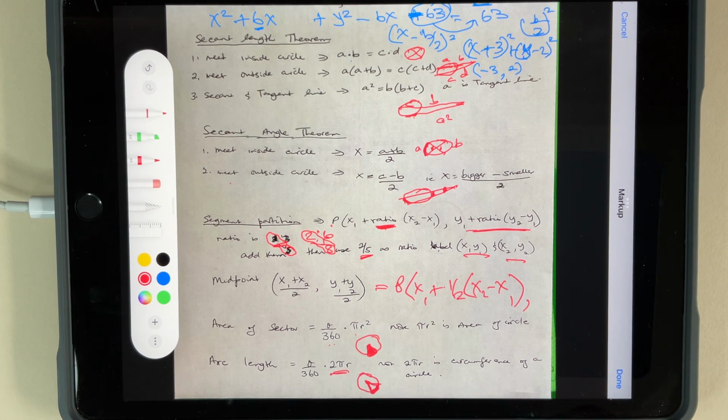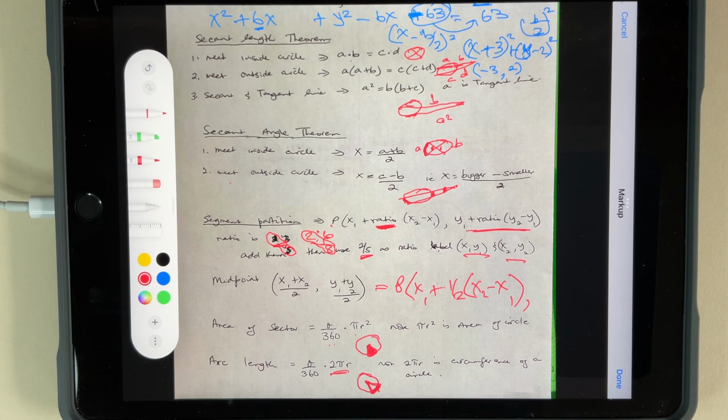In other words, you need to find the edge of the slice of the pizza, that little slice there. So that would be your arc length, and you times it by the circumference of a circle. So there's a difference here. Do not mix up these. And these are all the formulas that you need to know that are not going to be given to you on any exam. You need to have them embedded in your brain in order to be successful on the exam.